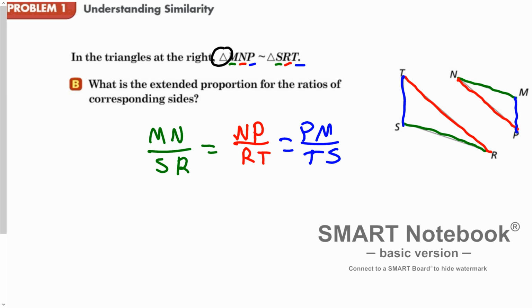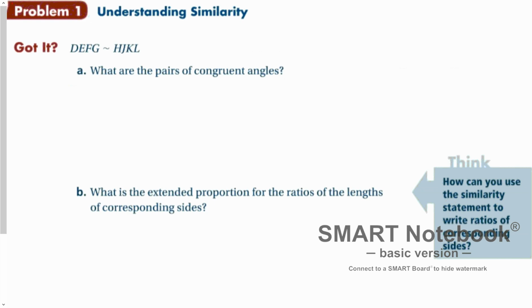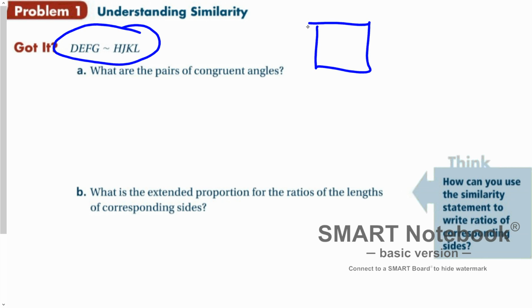All right, so that's it. Sorry for the longer video. Hopefully it's still under 5 minutes, but here's an example. So you can draw this out if you want. It's 4 angles, so that means it's 4 sides, okay? And if I start with D on one side, I just go clockwise around. So D, then E, then F, then G, and then the next one will do the same.